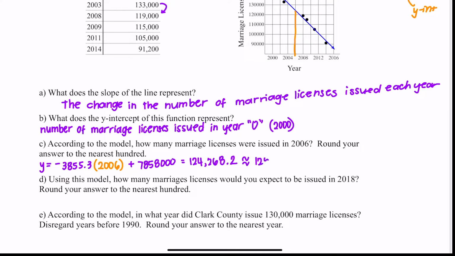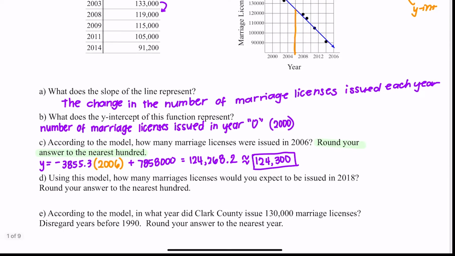Since this is asking us to round to the nearest 100, we look at what's in the hundreds place, and the 2 rounds up to 300. So 124,300 is going to be our final answer because we have to round our answer. And don't forget to box your final answers.